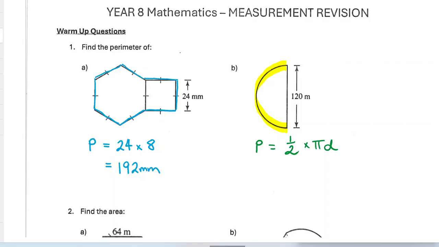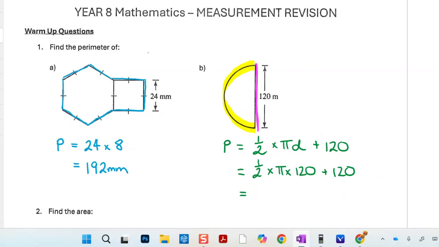In order to complete the shape, I need to also add on this straight side. So I go plus 120 to make sure I do all of the sides. For my second line, I'm going to sub in that my diameter is 120. So half times pi times 120 plus my 120 on the end.